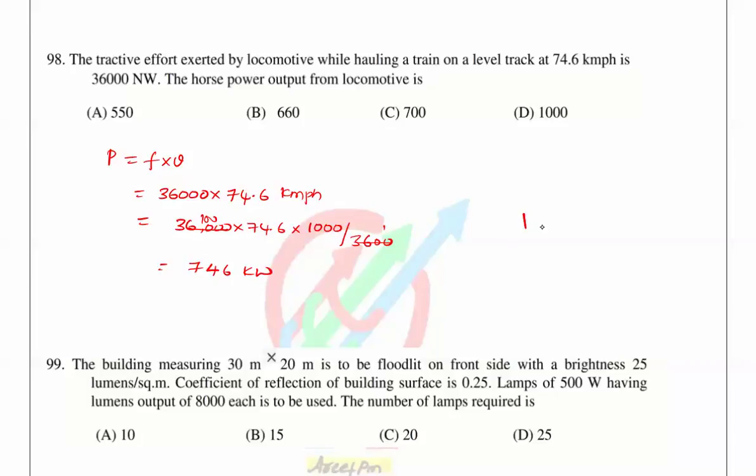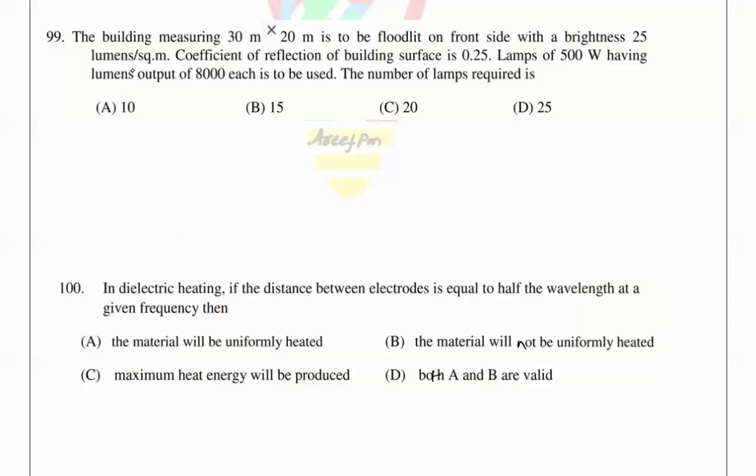So 1 HP is equal to 0.746 kilowatts. So we can convert this one as 1000 HP. The answer is D.